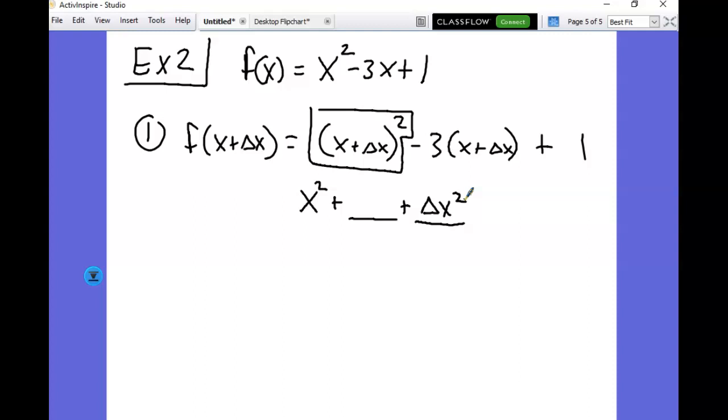And in the middle, what are we going to have? 2x times delta x. So here we're going to distribute. And we got that. So there's your y2.